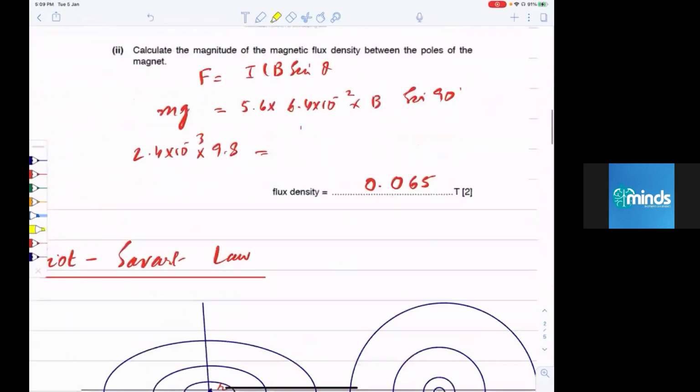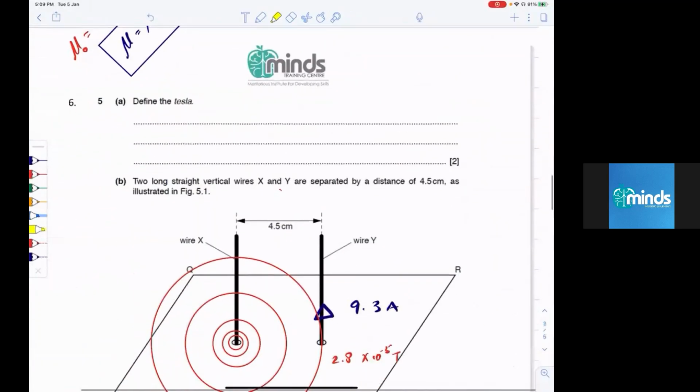Now the question you have just solved, define Tesla, is a 2-mark question. The first difference you will notice is the number of marks. I strongly believe if you define Tesla the way you were defining, you should get all marks because the definition is correct.